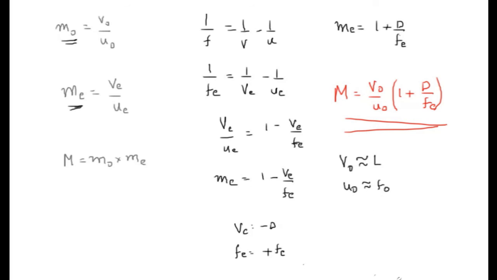Now, if you do that, we'll have to apply the sign convention here. So we get the magnification M is equal to minus L divided by F naught into 1 plus D divided by FE. So this becomes the formula for the magnification of a compound microscope.